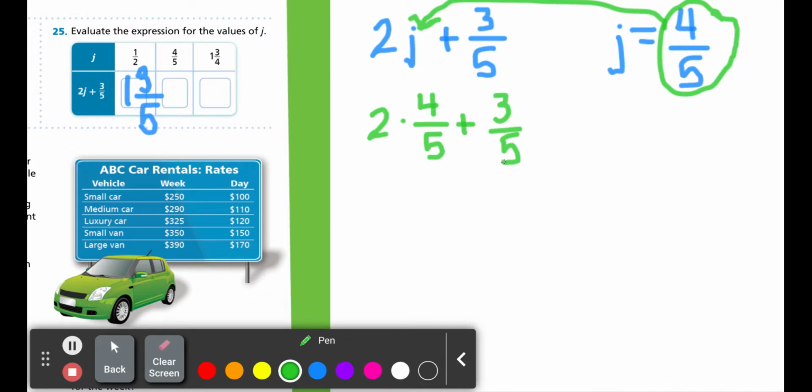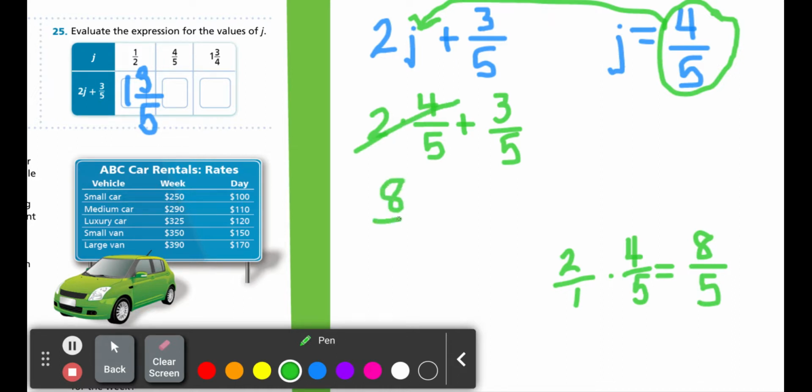Now I'm going to follow the order of operation. 2 times 4/5, cross it off. I got 8/5. I'm going to leave it as an improper fraction. Bring down that plus 3/5. Now we're going to add 8/5 plus 3/5 is going to equal 11/5.